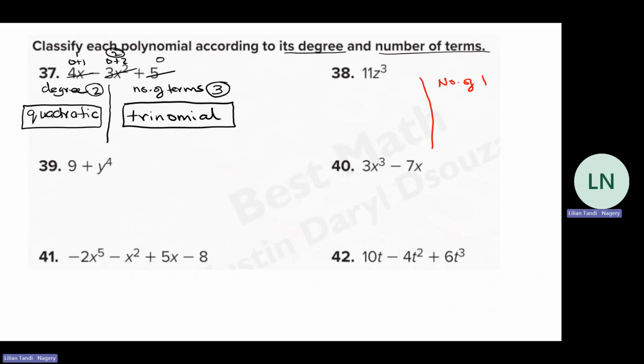Number of terms is 1. So it is a monomial. And here, the degree is 0 plus 3, which is 3. So it is cubic.